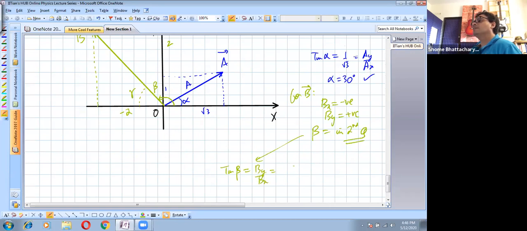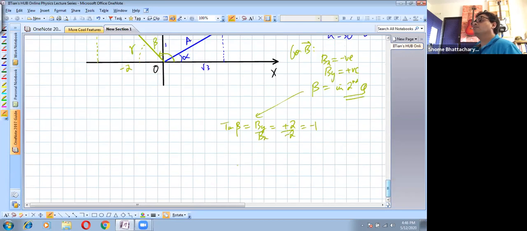So this, as expected, is becoming a negative quantity. It is plus 2 divided by minus 2. So it's becoming minus 1. So as expected, second quadrant. So I have tan beta is equal to minus 1 and beta is in quadrant 2.